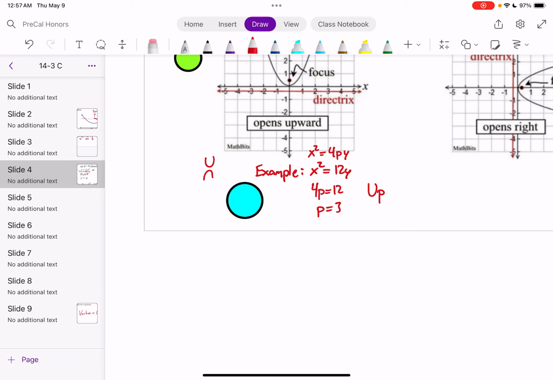The focus itself would be (0, 3). The directrix would be opposite of that value, so y is equal to -3. In this case, our vertex would be (0, 0).